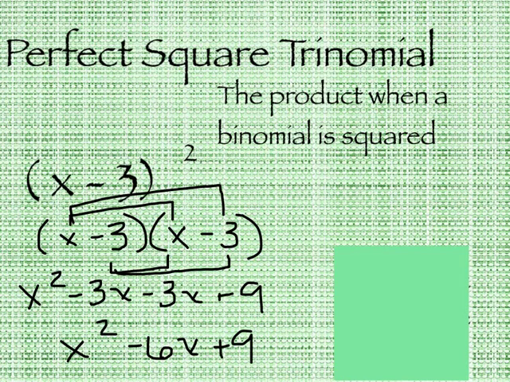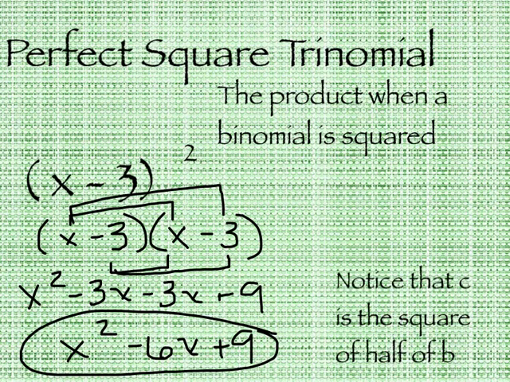Now, this down at the bottom would be what we call the perfect square trinomial because it is the trinomial that we get when we multiply a binomial by itself. Now, notice that c, or the last term here, is the square of half of b, which is the middle term there.